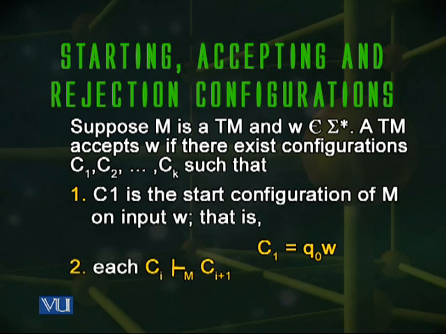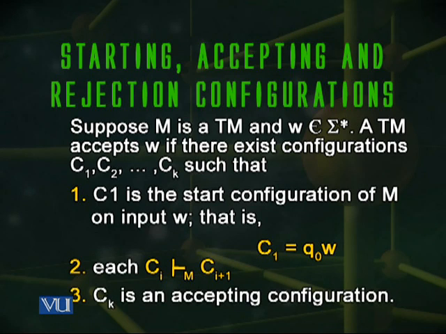The other thing is that each Ci should yield Ci plus 1. What does this mean? This means from the first configuration C1, the Turing machine should be able to go into C2 in one step. From the second configuration C2, the Turing machine should be able to go into C3 in another step, and so on and so forth, and eventually reach CK, which is an accepting configuration.